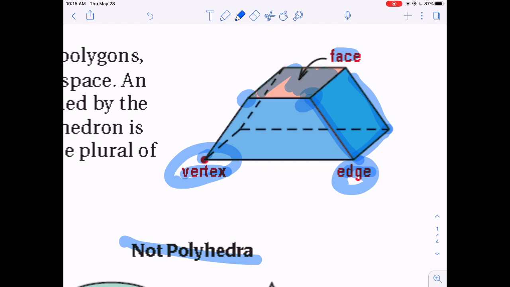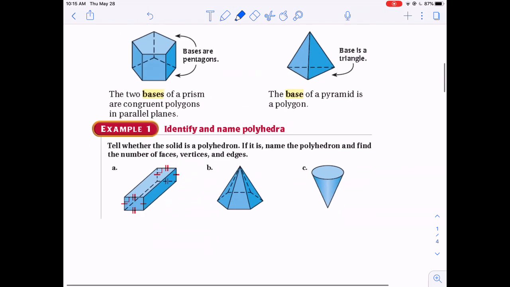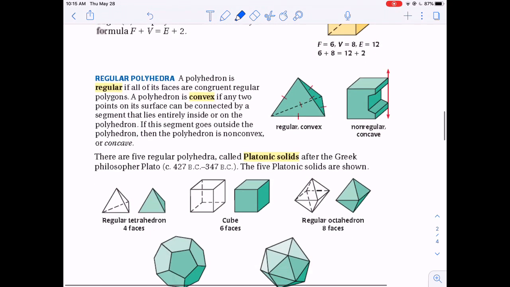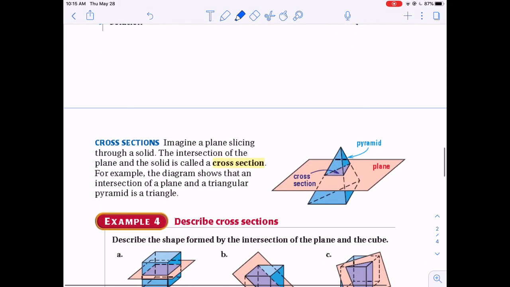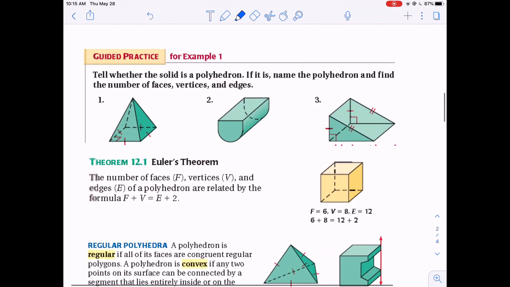Now, what's kind of cool about polyhedra is all three of those, the faces, the edges, and the vertices, have a relationship numerically. So let me go find this for you. Oh, here we go. They all have a relationship, and it's through Euler's theorem, where the faces, the vertices, and edges all have a relationship.